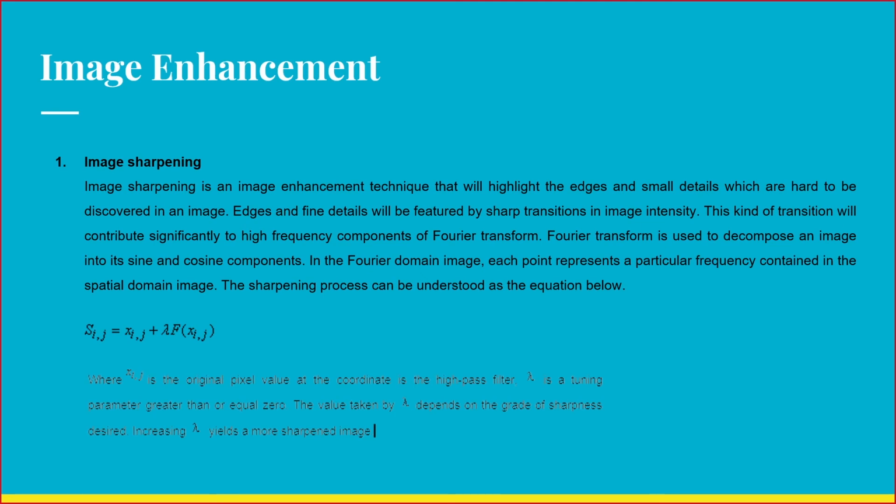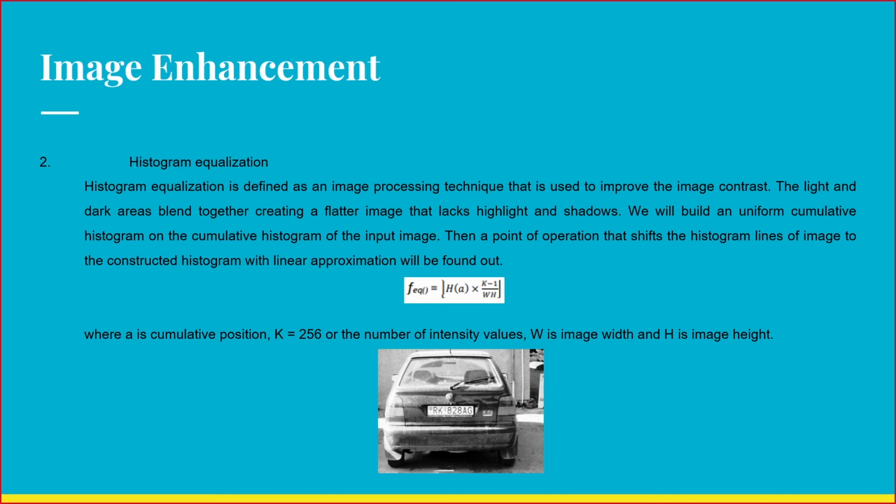Okay, next is the histogram equalization. It is defined as an image processing technique that is used to improve the image contrast. If you want to increase the contrast of the image, then we use this technique. Otherwise the light and dark areas blend together, creating a flatter image that lacks highlights and shadows. We will build a uniform cumulative histogram based on the cumulative histogram of the input image.